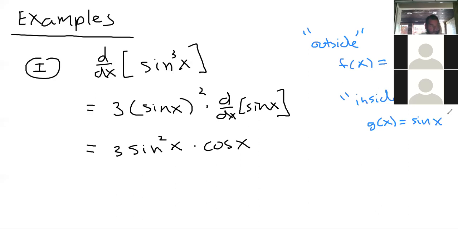I'm not saying it'll work for you the way it worked for me when I was a student, but that's kind of the way I think about it. Does anybody have a question about this?